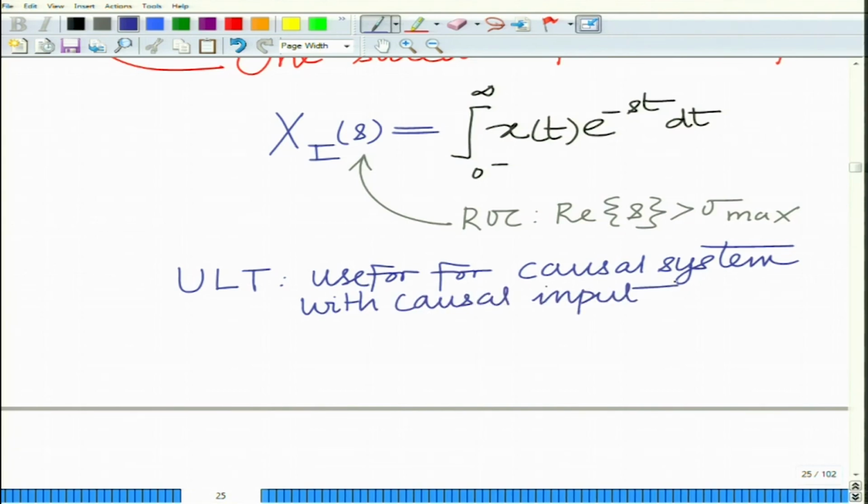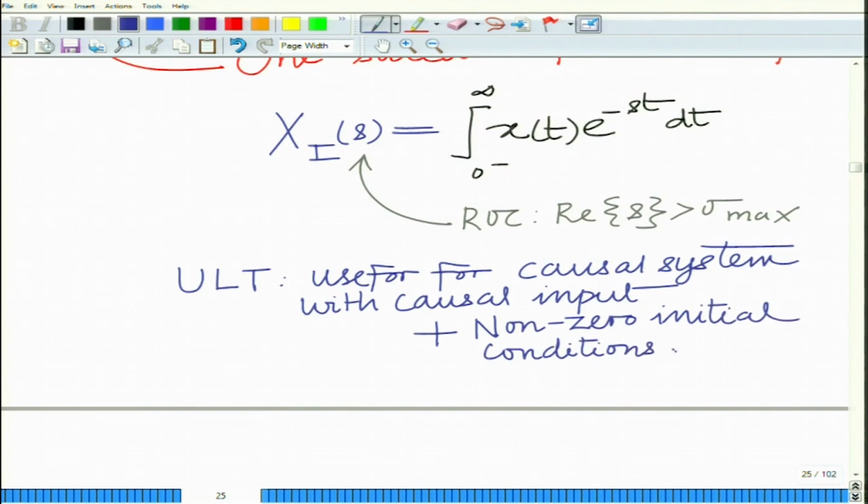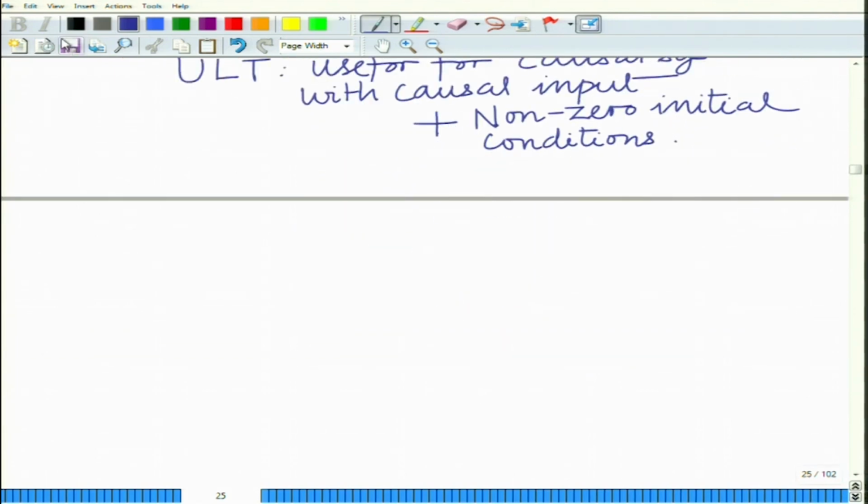Remember, causal input is non-zero only for t greater than or equal to 0 plus.